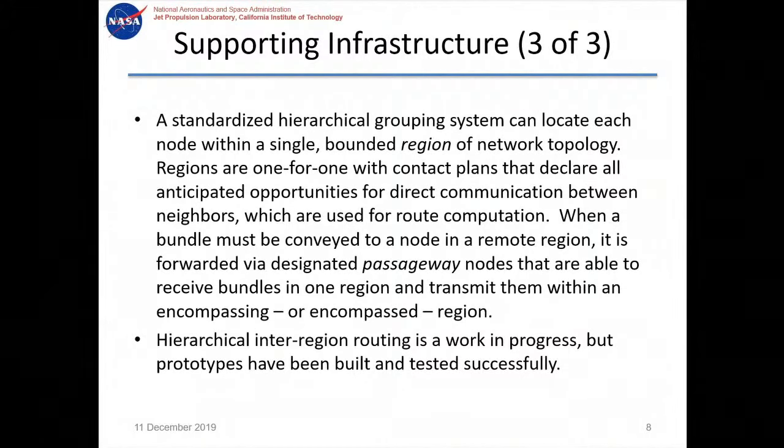That means that if the size of a region is kept to a small number, if there are 30 odd or maybe up to 60 nodes in a region, the contact plan is going to be limited. It's going to be 100 or 200 contacts, which is something that you can reasonably search with Dijkstra searches in contact graph routing.